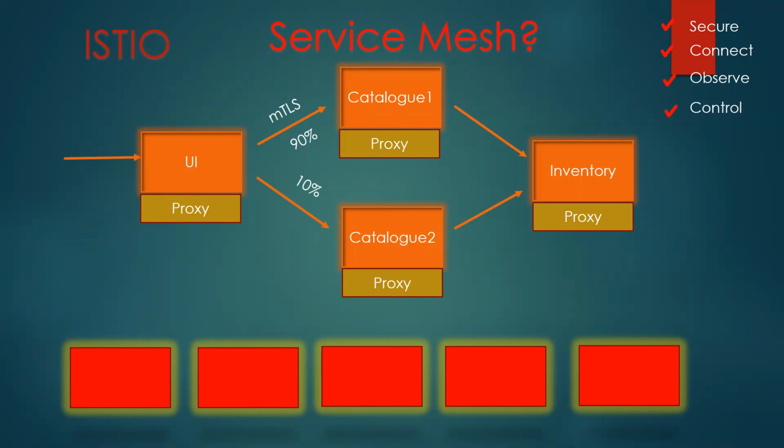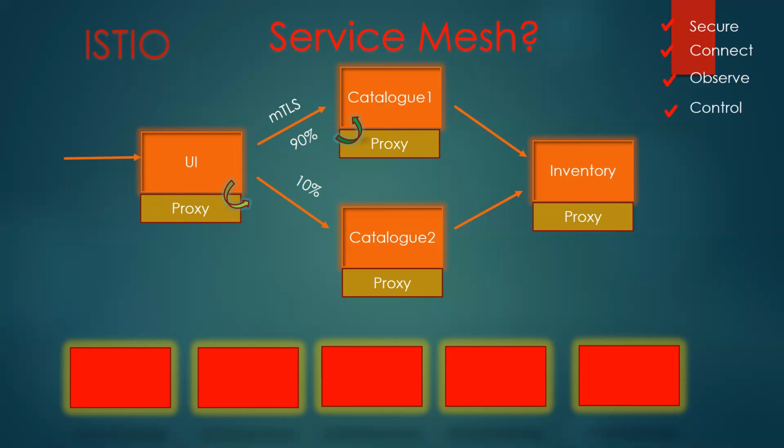Now, when UI wants to talk to catalog, the proxy will take that request and apply the policies. Then it will route the traffic to the other side of the proxy, which is the catalog proxy. And then the catalog proxy will receive this traffic, and it will route to catalog.